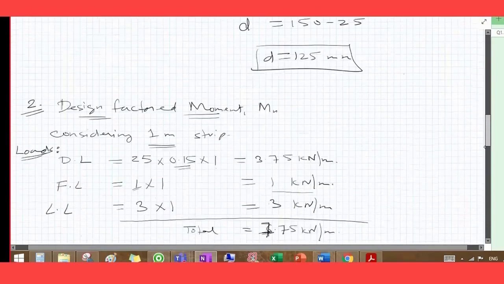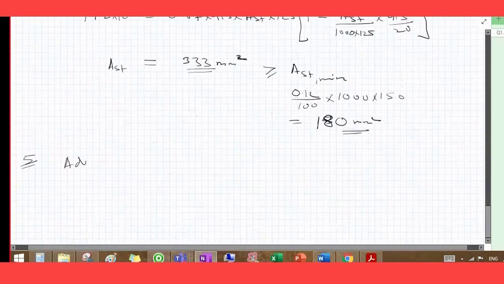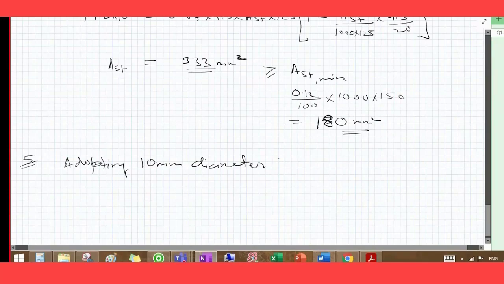So I can write, adopting 10 mm diameter bar as main reinforcement. I have written main reinforcement because I'll be providing a 10 mm dia bar for this 333 millimeter square steel, which you have computed based upon the factored moment of 14.2.